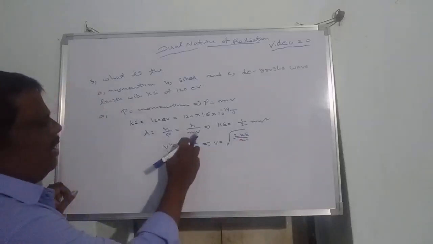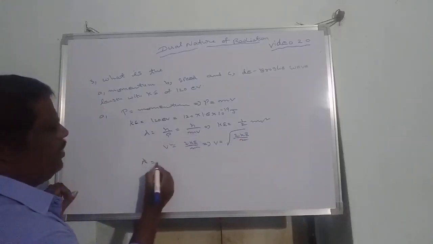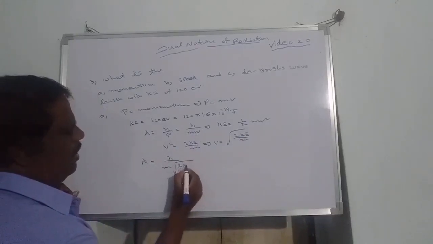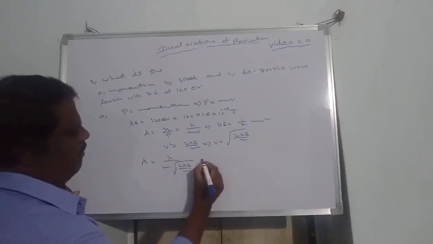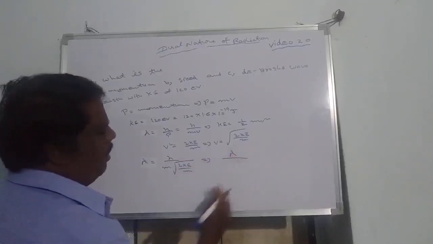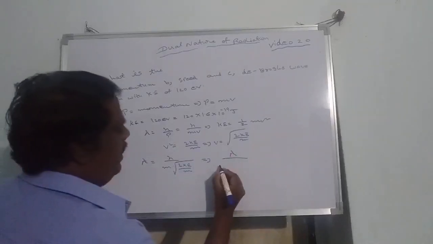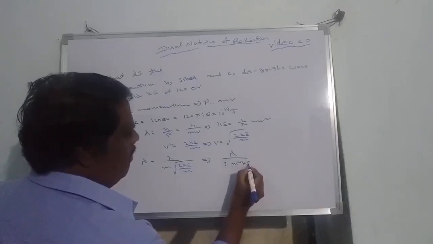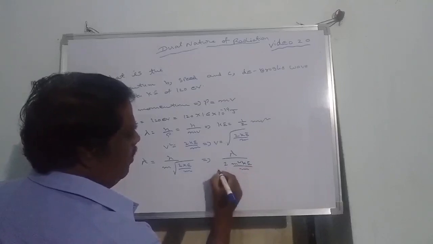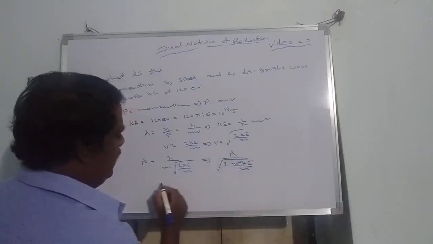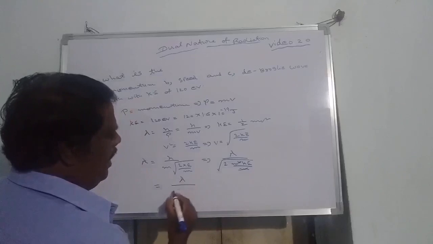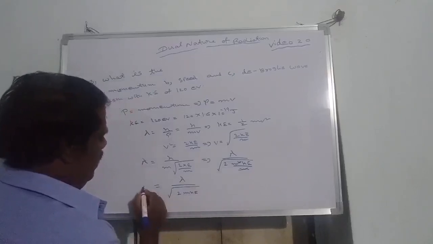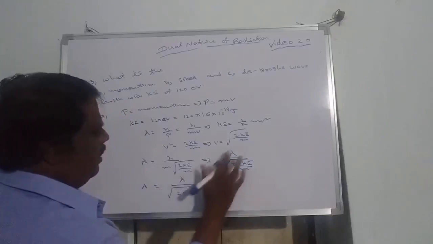Substitute the value of v here, then lambda is equal to h by m into root of 2K by m. On simplifying, we get root of 2m square K by m, which cancels, and we get lambda.